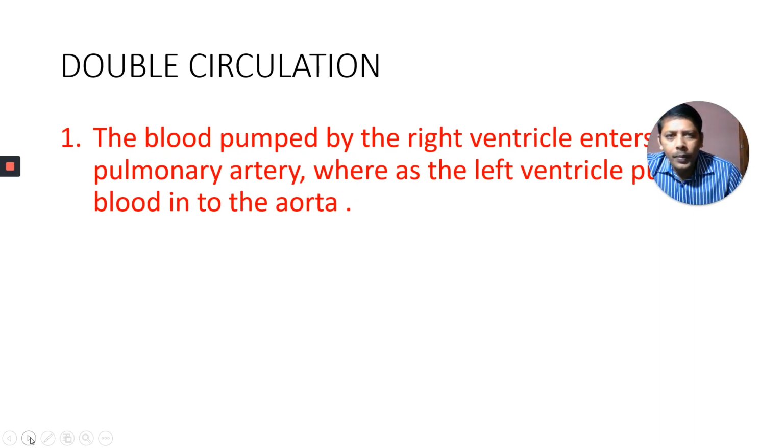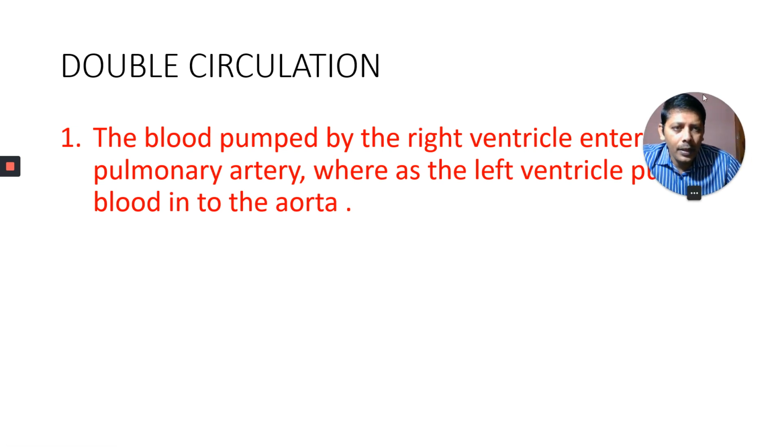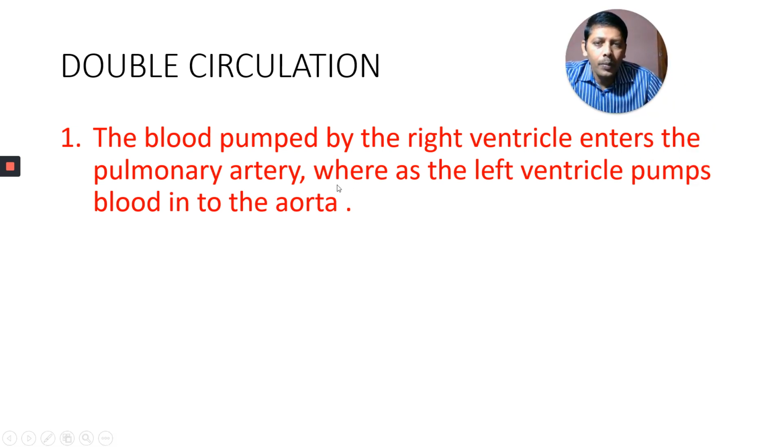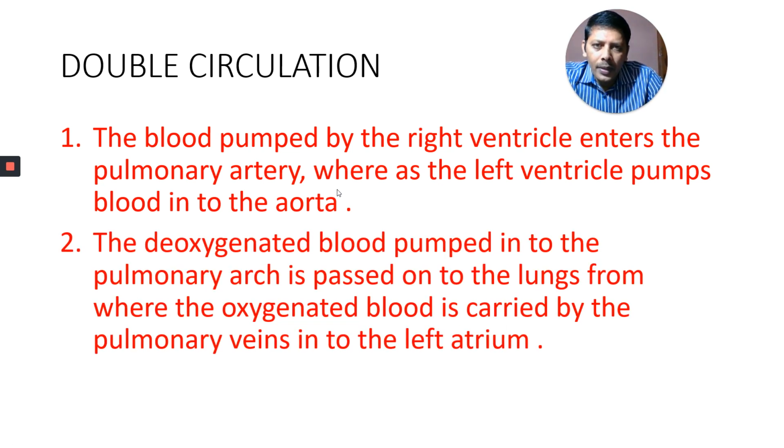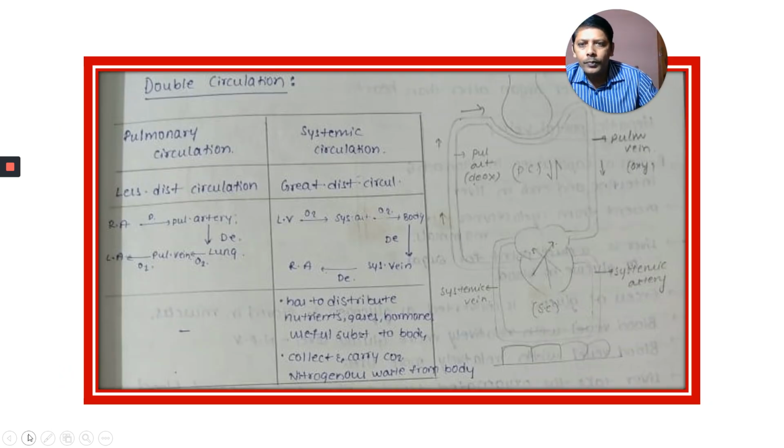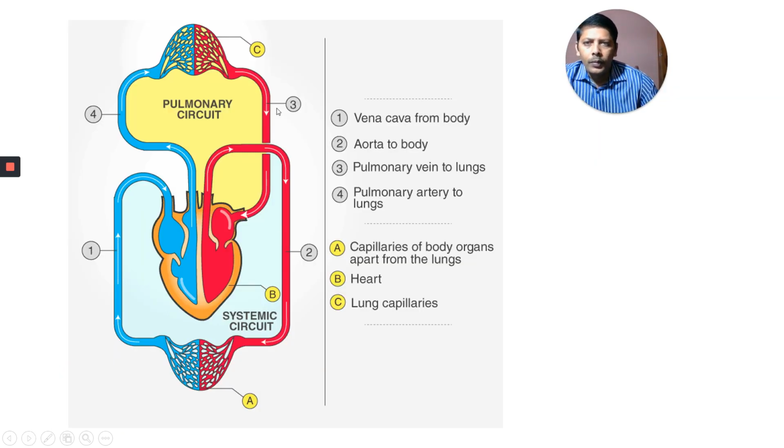The blood pumped by the right ventricle enters the pulmonary artery, whereas the left ventricle pumps the blood into the aorta. Let me show you that one. What is this one? This is the left ventricle.